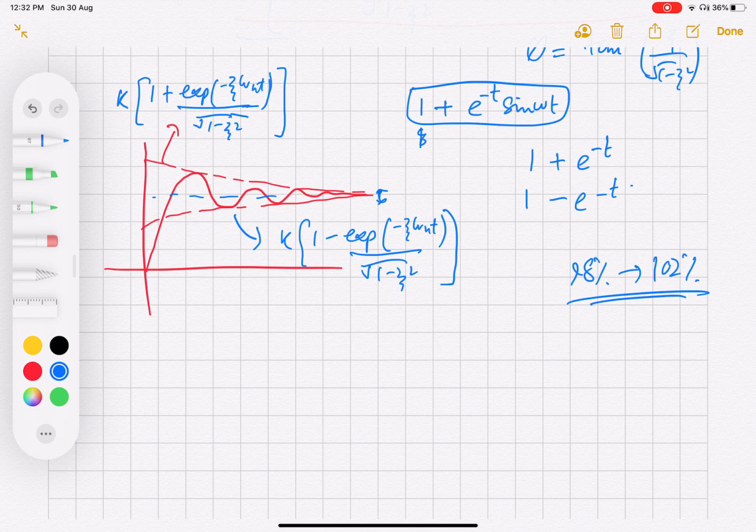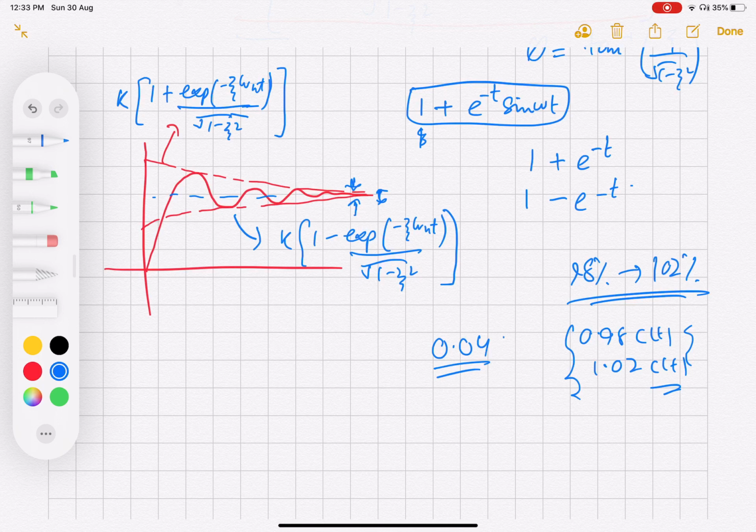So when you oscillate between 0.98 of CT to 1.02 of CT, that is when you start oscillating between these two ends, that is the time that you say is your settling time. So basically, the distance between these two envelopes should be equal to 0.04. That is, you're oscillating in the 4% margin. So if you subtract this envelope from this envelope, you should get 0.04 when your settling time starts, right?